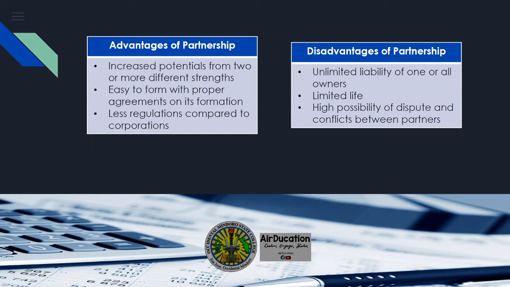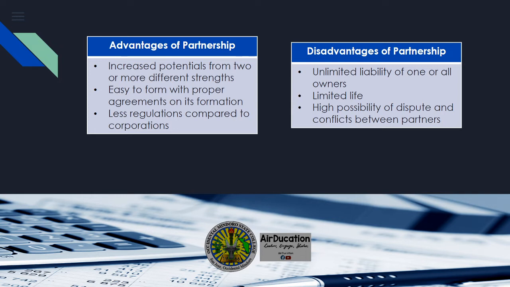Again, if person one is financially capable, person two is skilled, and person three has the knowledge to manage the business, those partners are capable of establishing the business because they can bind their strengths all together.